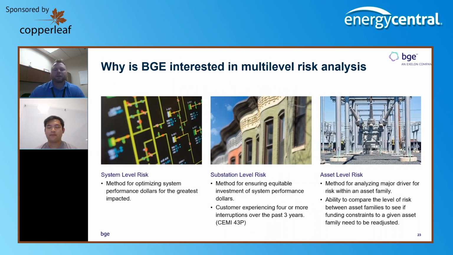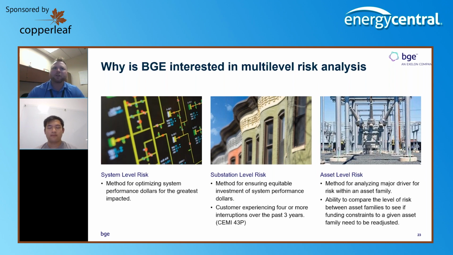If you go to the next slide, this is one of the things that's starting to lead us to this conversation of whether we should be looking broader than asset replacement and looking at what we're calling hybrid or full substation replacements. We started thinking about risk in 3 levels. One is overall system level risk.